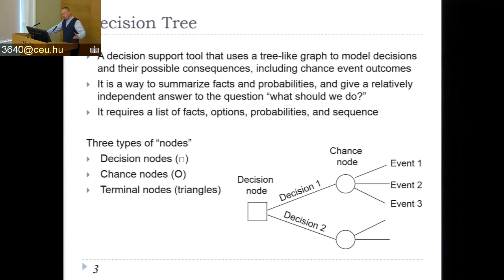But if you want to see more about decision trees after this presentation, the links at the bottom of the page will take you to a web book that you can read and review further.